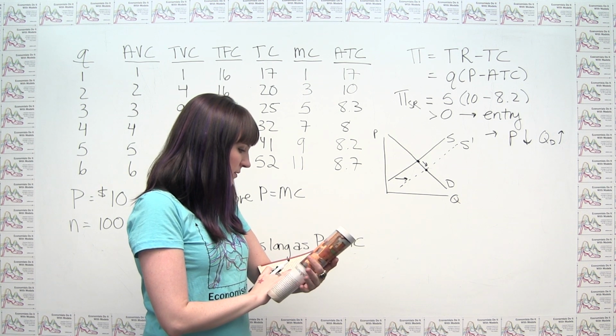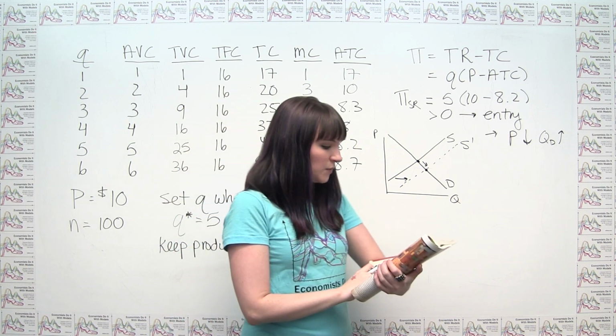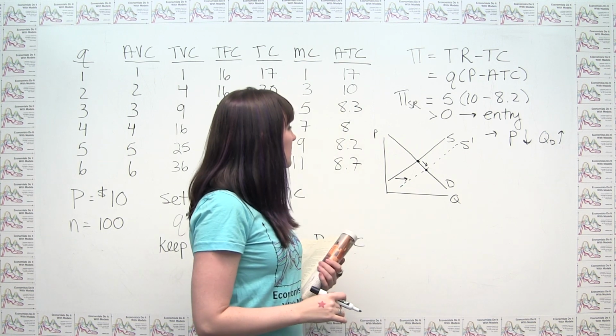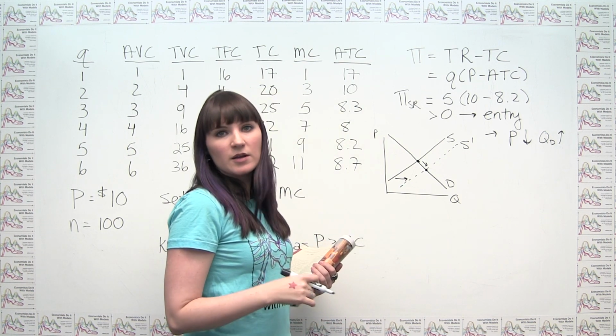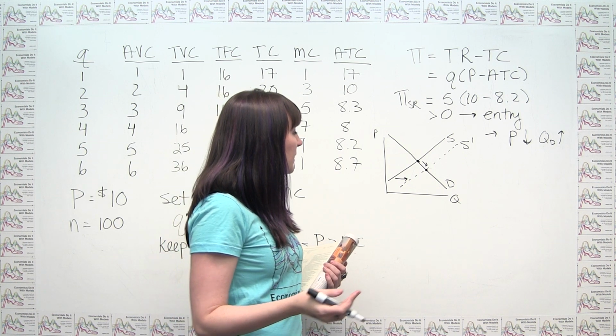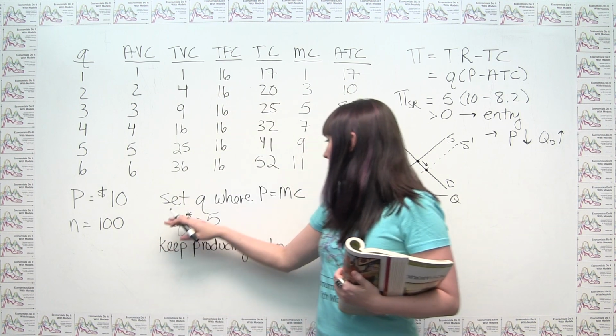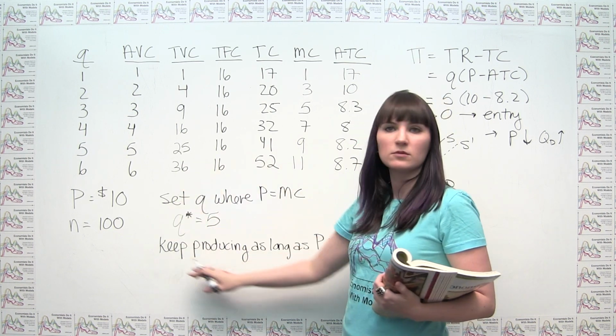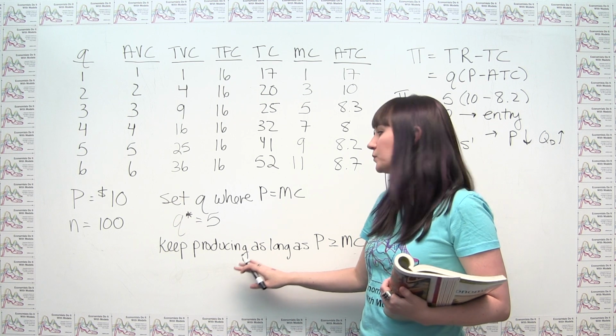And then we're asked, will the quantity supplied by each firm rise or fall? So we can think about, well, what information do we need in order to answer that question? Well, our firm is behaving according to these profit maximization rules, right?